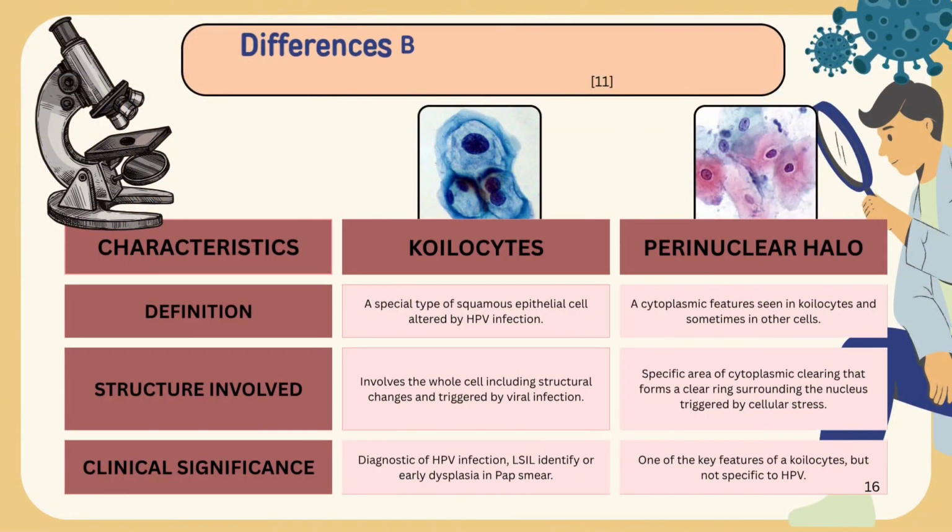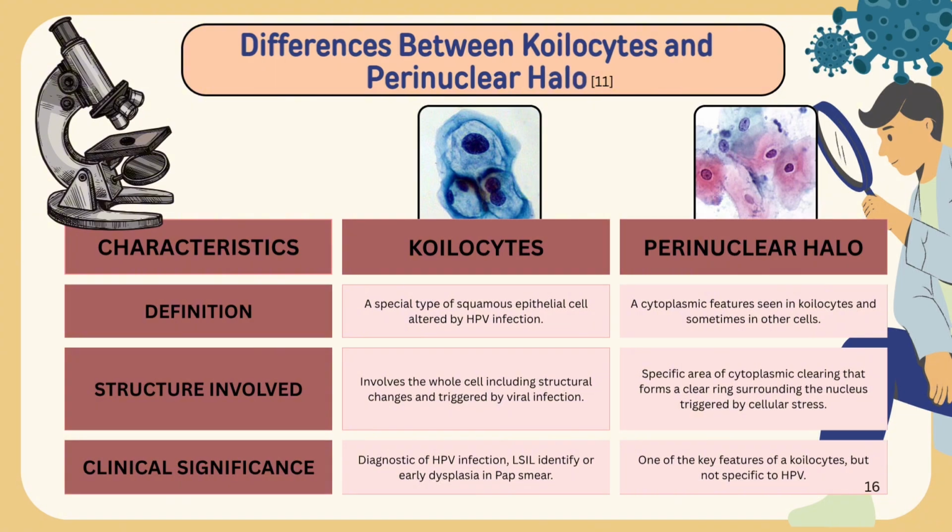Now, this slide highlights differences between koilocytes and perinuclear halo. First, for the definition, a koilocyte is a special type of squamous epithelial cell that is altered by HPV infection, while the perinuclear halo is a cytoplasmic feature seen in koilocytes and sometimes in other cells.